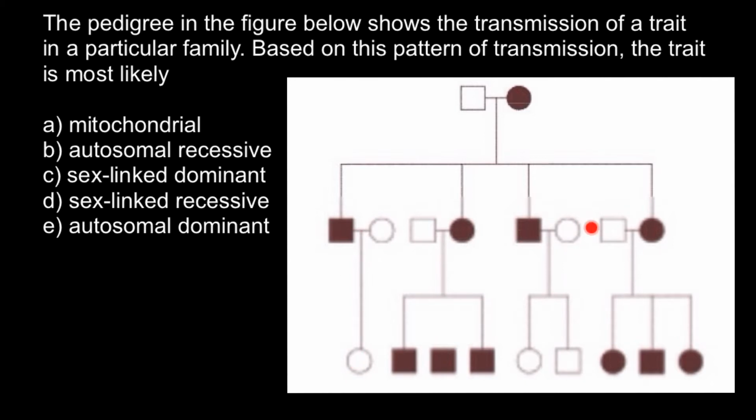And here's another example. This man marries another genetically unrelated female, and their children are not affected. But when the female is affected, 100% of her progeny are also affected. So how can we explain it?